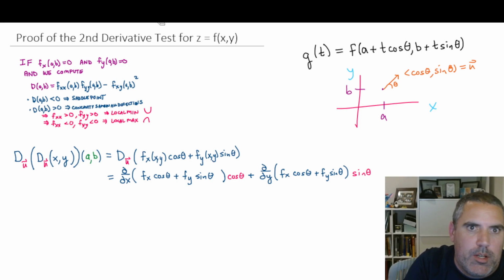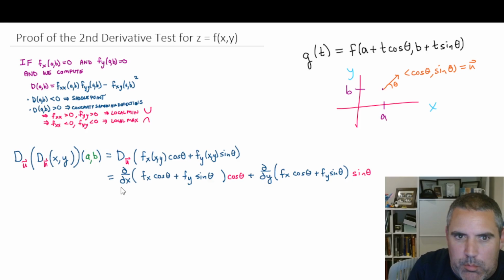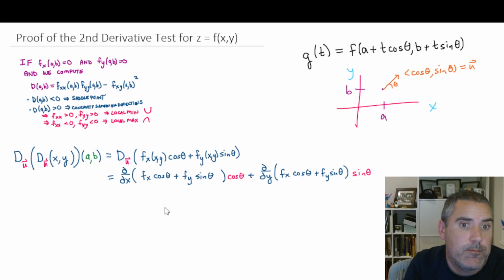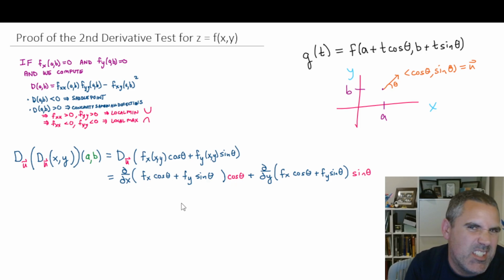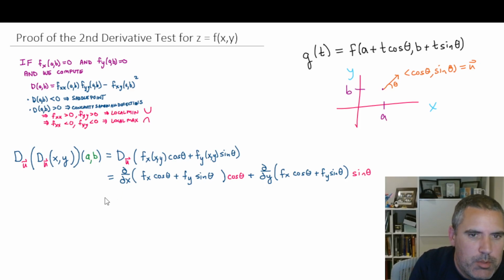So let's talk about what happens. So now we're going to play around with this. We're going to take the derivative of this first with respect to x. So this is the first derivative. We're going to take the derivative of the first derivative with respect to x, multiply it times cosine of theta. This is the chain rule. We don't do all these pieces, but I just want to show you where it comes from. So what happens if you take the derivative with respect to x is you get f of xx. And then we can distribute the cosine.